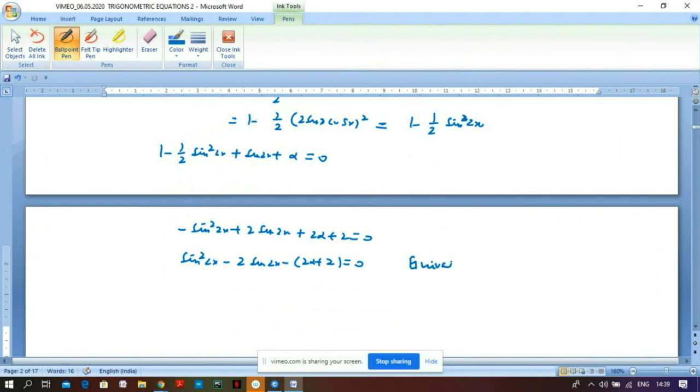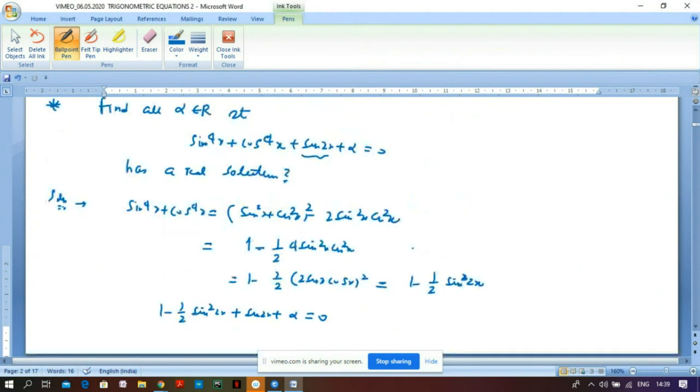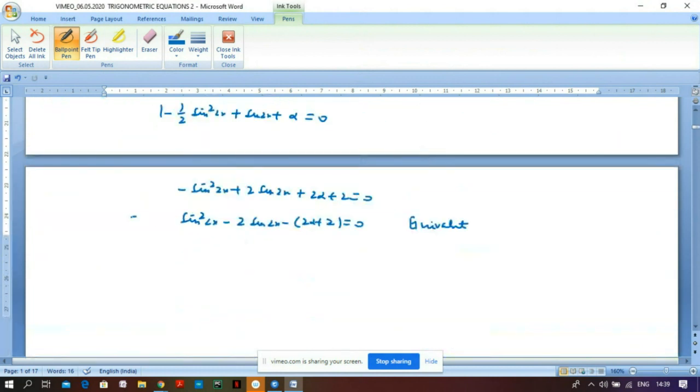So requiring that find all alpha such that this equation 1 has a real solution is equivalent to asking that this equation 2 has got a real solution. Further, 2 alpha plus 2, of course, I can put some other number. So negative of 2 alpha plus 2 total I can put as beta. These kind of things help because then I can focus on beta. There is no need to carry this one. Once I get beta, I can get alpha also by linear transformation.